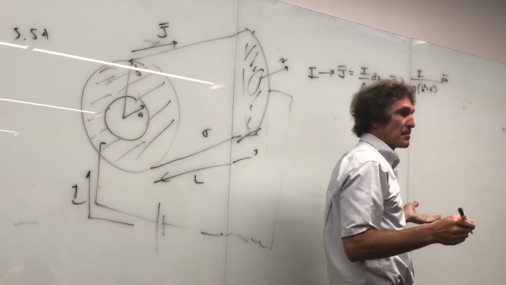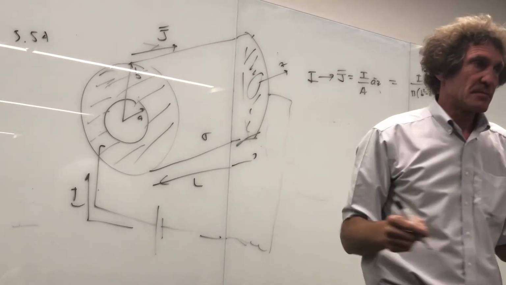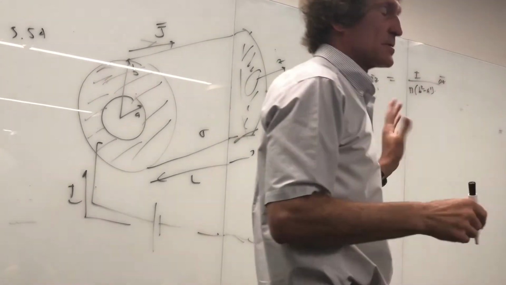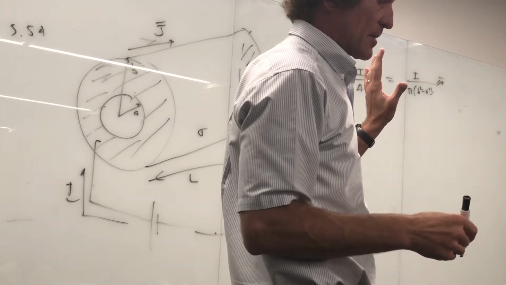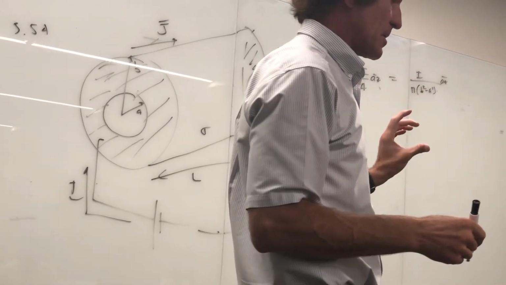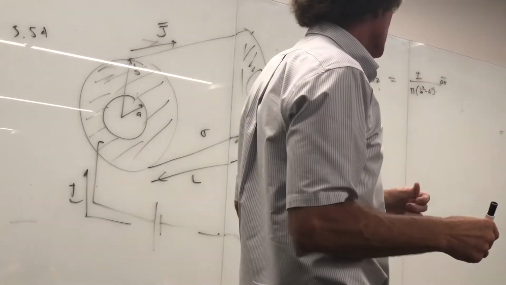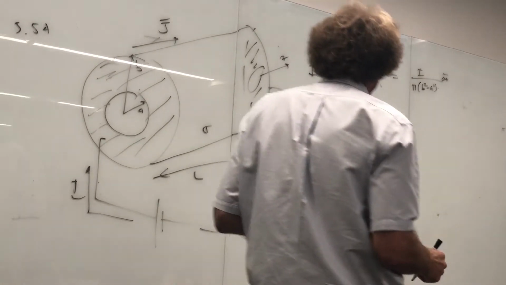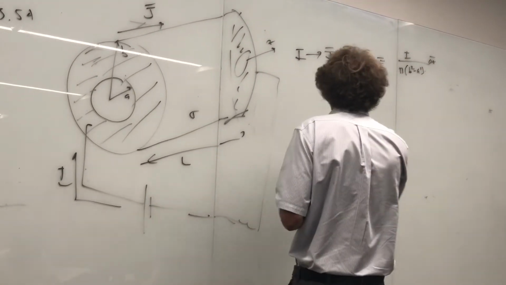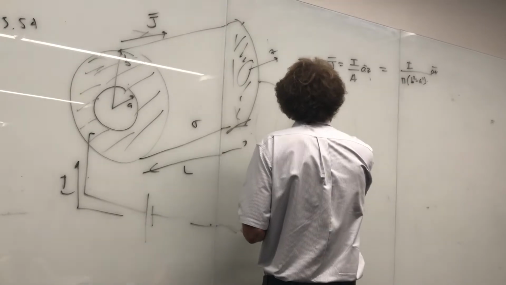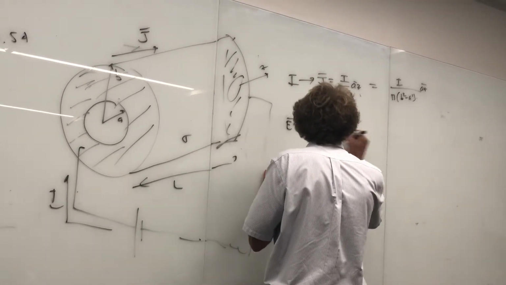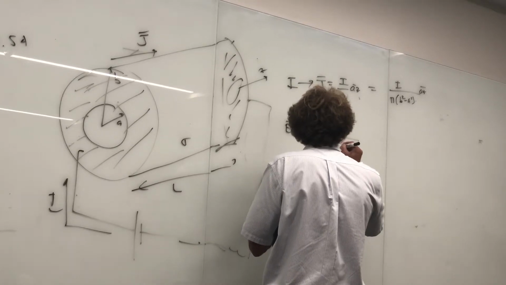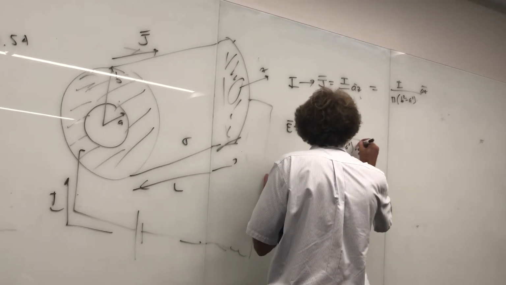Does everybody agree with that? The cross-section of just a circle, or a cylinder, is just pi A squared. But if you have a core out of it, then it's the outer radius squared minus the inner radius squared times pi. After that, I can say that E is equal to J over sigma, and that's I over pi times B squared minus A squared sigma AZ.